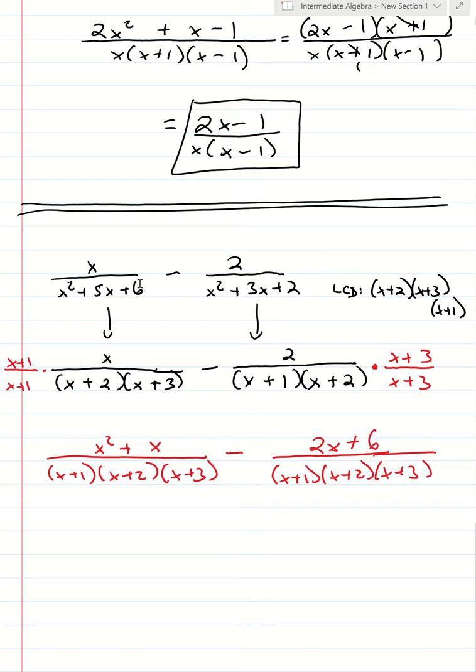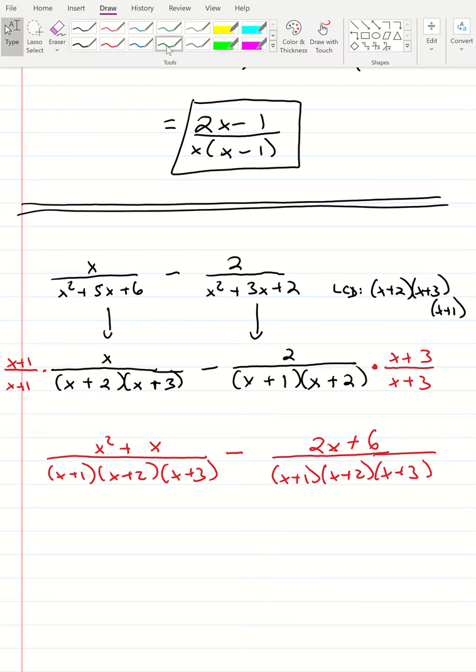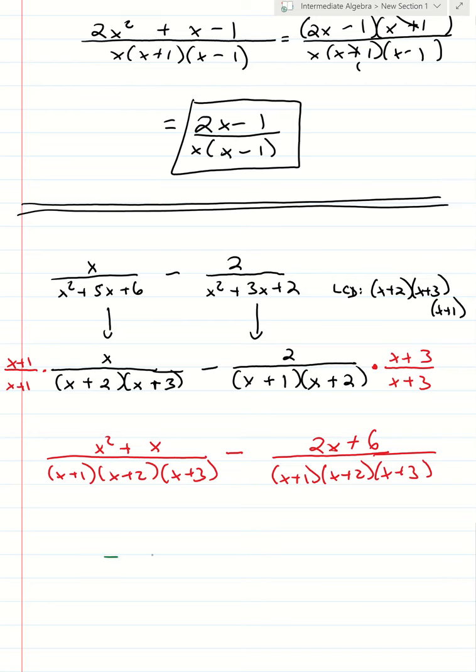So now we have 2 expressions, different denominators but in factored form. Now we have here in red 2 equivalent fractions, but at least they have the same denominator. And so now I'm going to keep that denominator of x plus 1, x plus 2, and of course x plus 3.